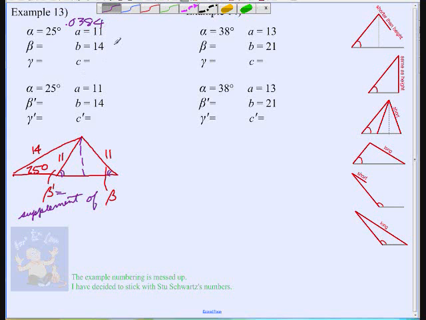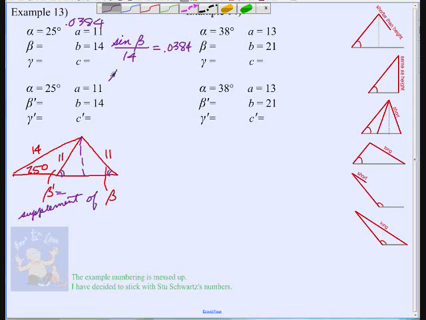We're going to find the sine of B over 14 equals 0.0384.